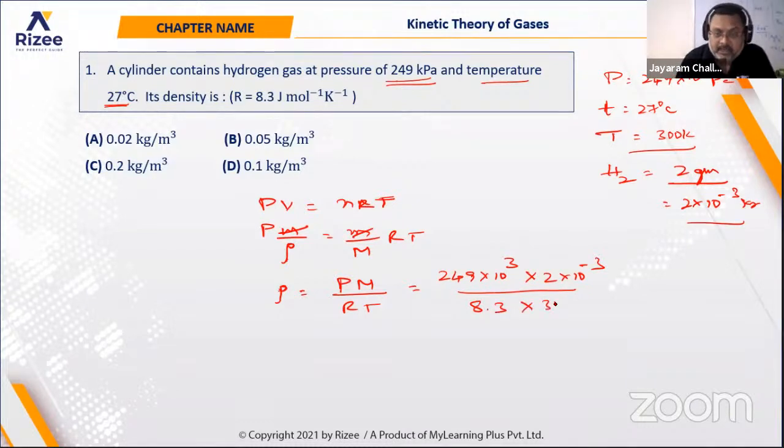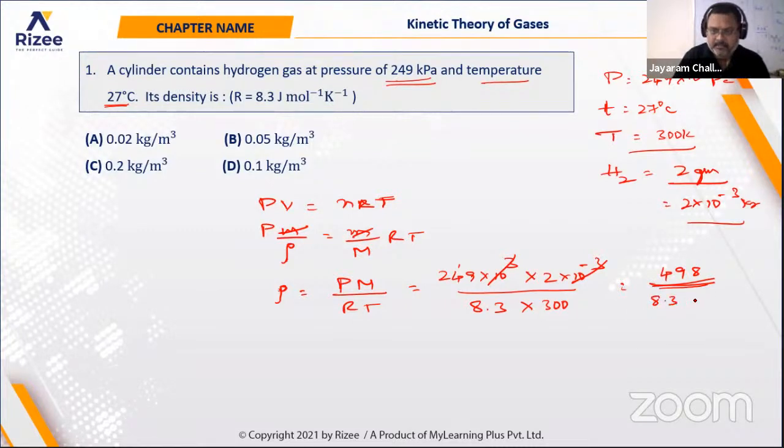You can solve it in the proper way, please. That is 18, 9, and this one is 498, approximately 500, and you can go for solving. And if it is 500, this is 8.3 into 300.